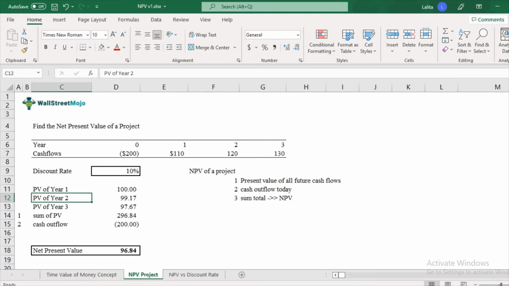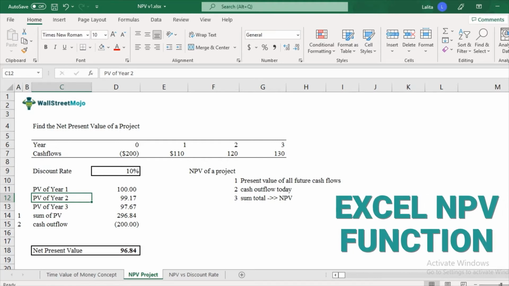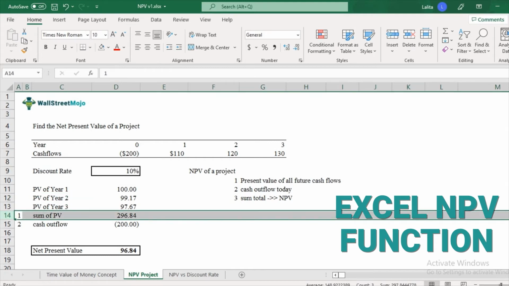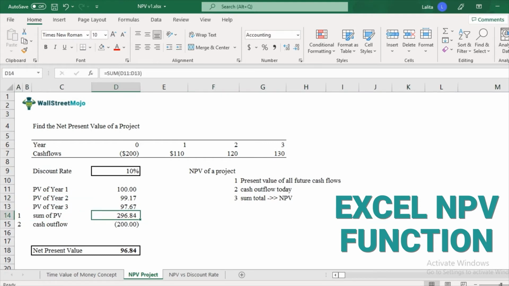Yes, you can do that, but I'm sure that will be fairly tedious, right? So in order to save our time, Excel has blessed us with a function called the NPV function. What this does is it does step 1 in no time. So here we got this answer as 296.84 by doing these calculations, right?